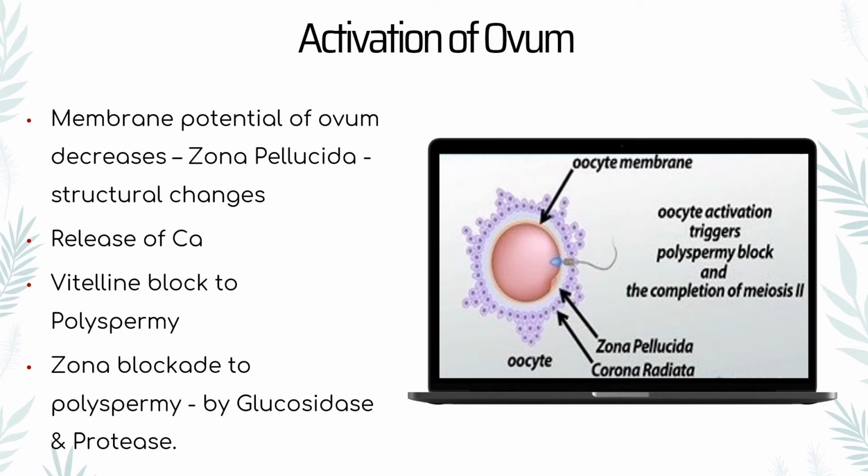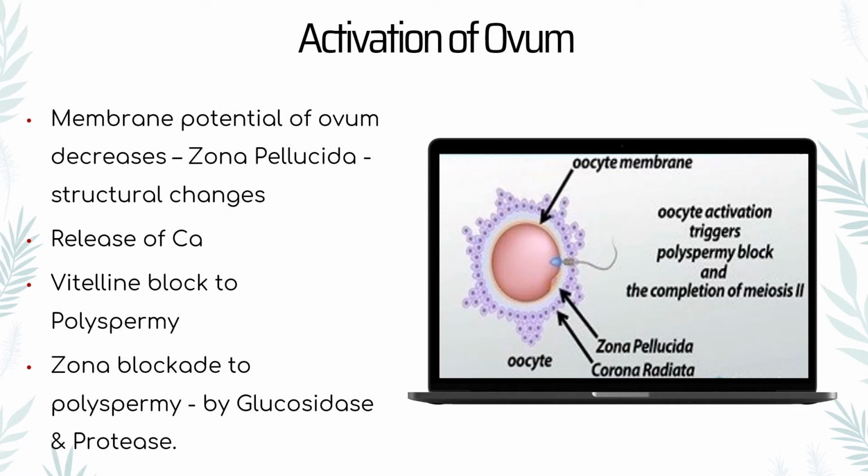And zona block to polyspermy. Cortical granules contain certain substances like glycosidases and proteases. The glycosidases cause alteration in the zona pellucida glycoprotein, the receptor protein of the zona pellucida.